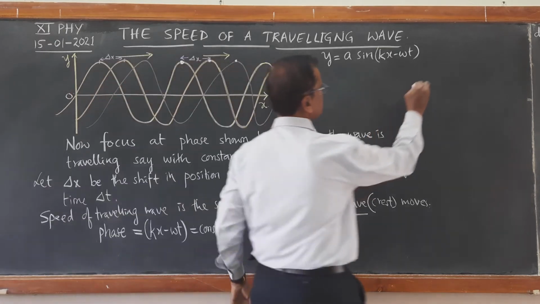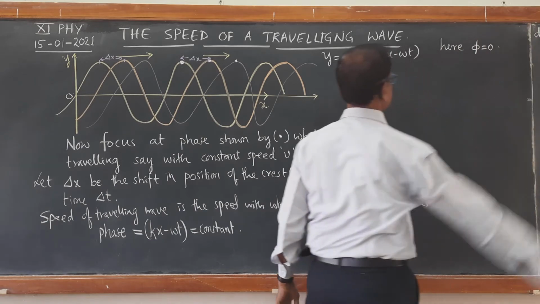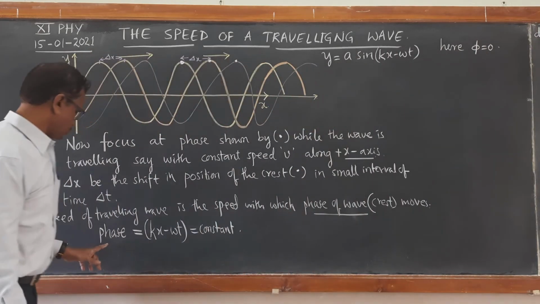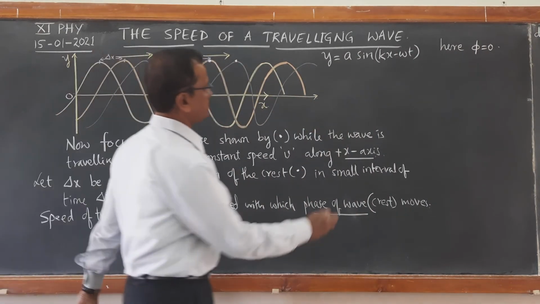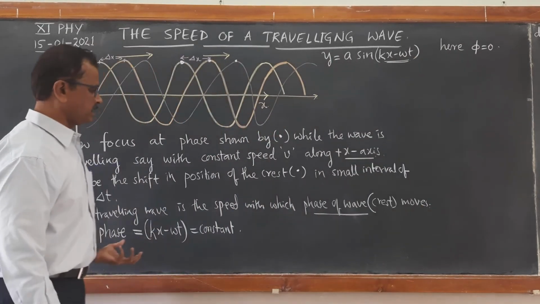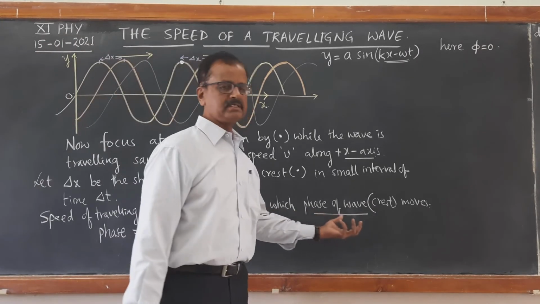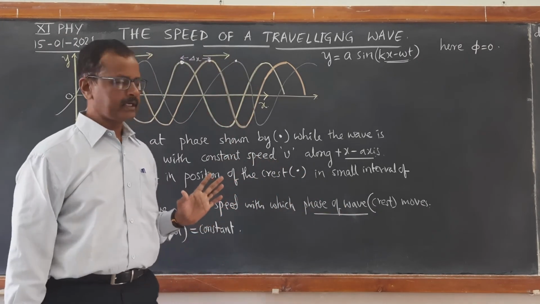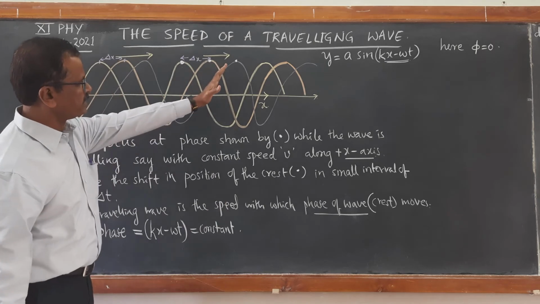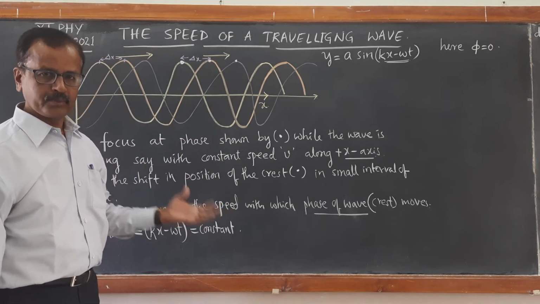Here the initial phase is 0. So the phase is kx minus omega t. This kx minus omega t remains constant as long as the wave is traveling with a certain speed. The speed with which the phase moves gives us the speed of the wave.